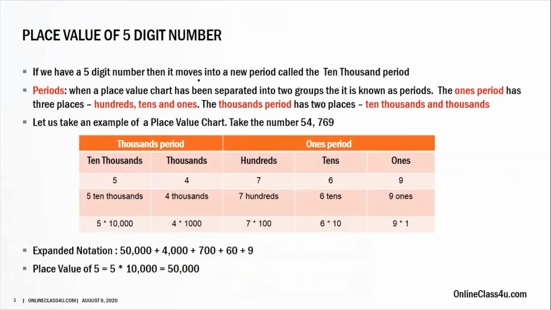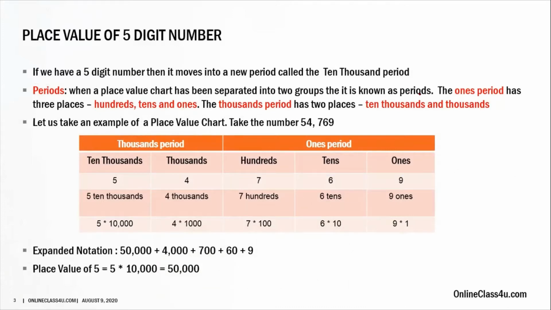Now, for these 5-digit numbers, if we want to find out the place value, then we have to make the chart into a new period. That is called the 10,000s period. Now, what is a period? When a place value chart is separated into groups, it is known as periods.